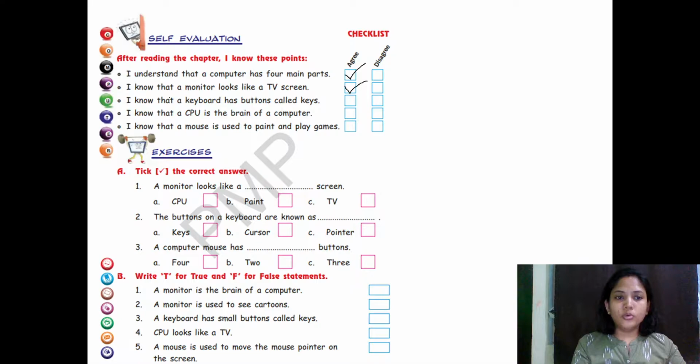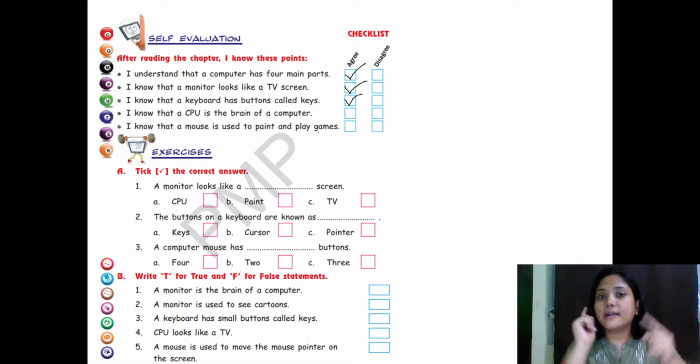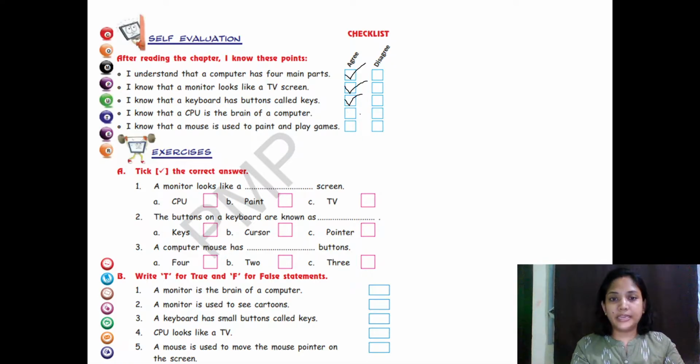I know that a keyboard has buttons called keys. Yes, we learnt this, right? So I will tick it. I know that a CPU is the brain of the computer. Yes, like I have a brain, the computer also has a brain and the name of the brain is CPU.